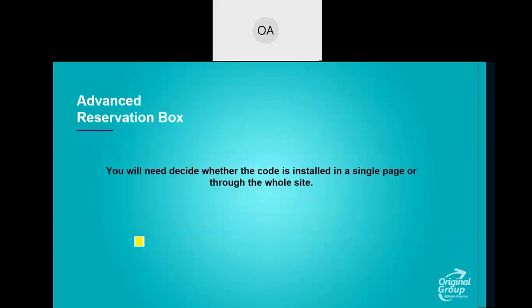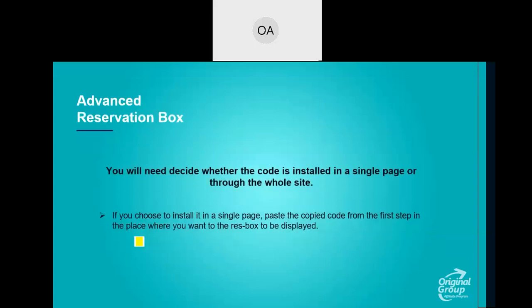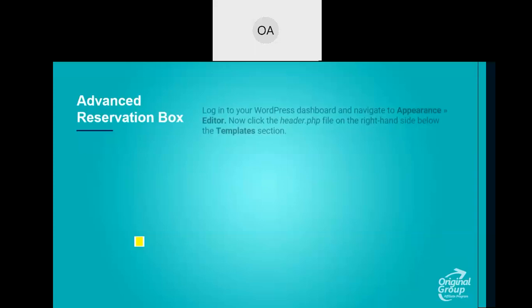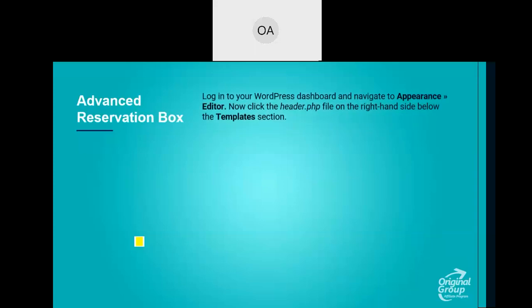Now, once you've set up your booking engine, gave it the look and feel that you want, you must decide if you want to install the booking engine in one section or throughout your website. Now, again, this is where it gets technical, so bear with me a lot more than you did in the previous slides. But what you'd have to do here is also access your WordPress.